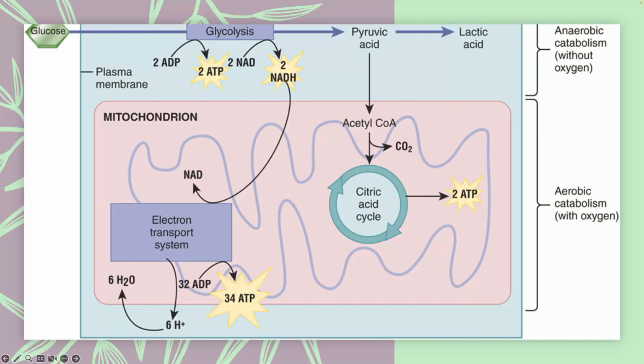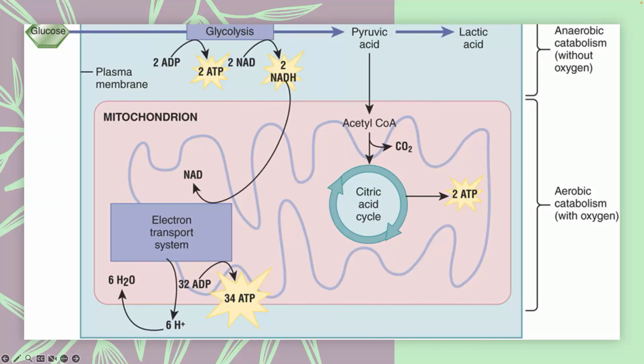So glycolysis is outside the mitochondria. We get a little bit of energy from glycolysis. But the major players that we get are the NAD, and it forms the NADH. From there, that also forms pyruvic acid. Pyruvic acid gets shoved into the mitochondria, goes through the Krebs cycle, and it produces all these other things.